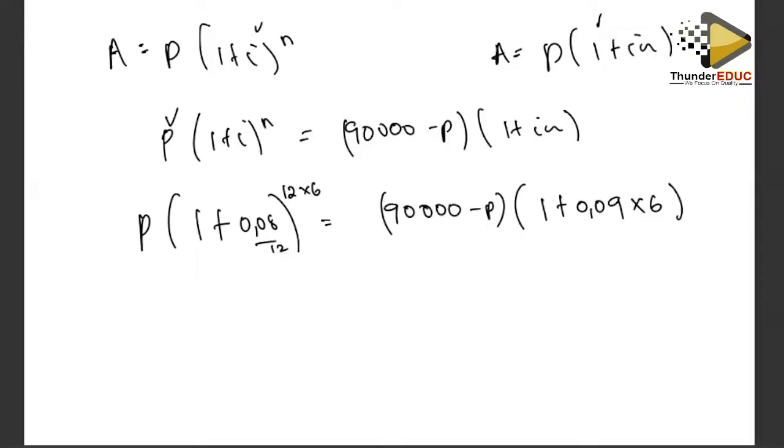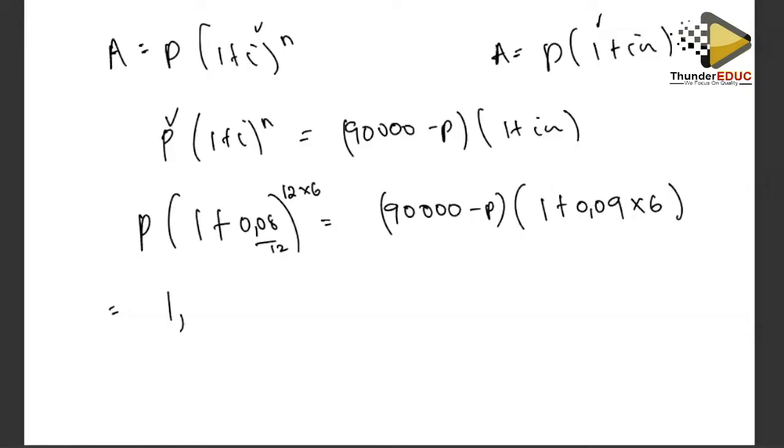Okay, let's see if we simplify what we have on the left-hand side, which is just the brackets. We have 1 plus 0.08 over 12 to the exponent of 12 times 6.